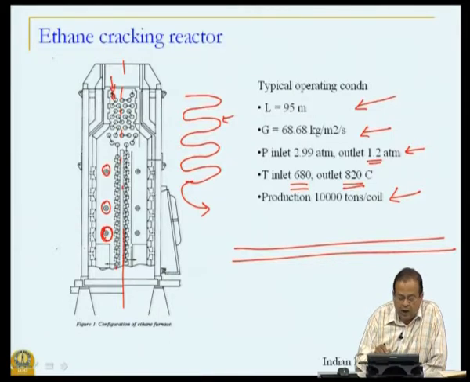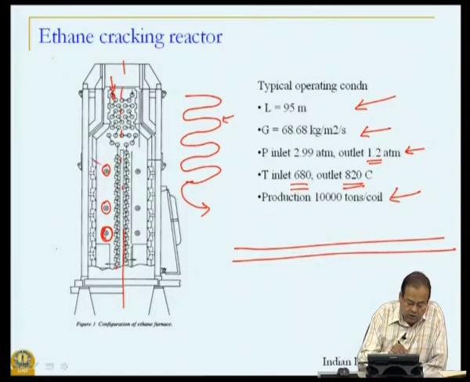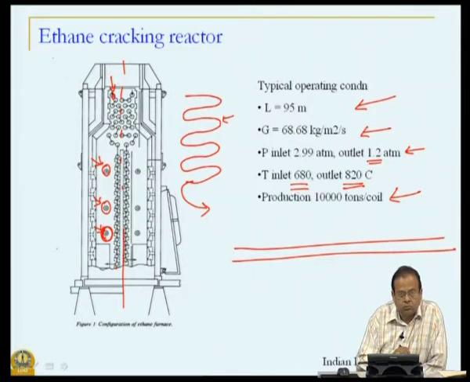One, achieving high temperature, and by controlling the heat flux of each of these burners, you are now in a position to achieve different temperatures along the length of the reactor.